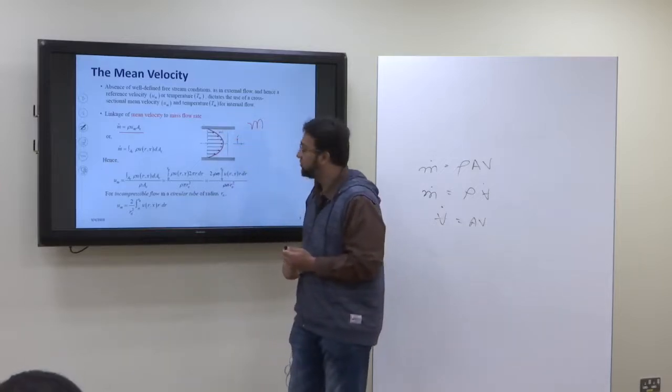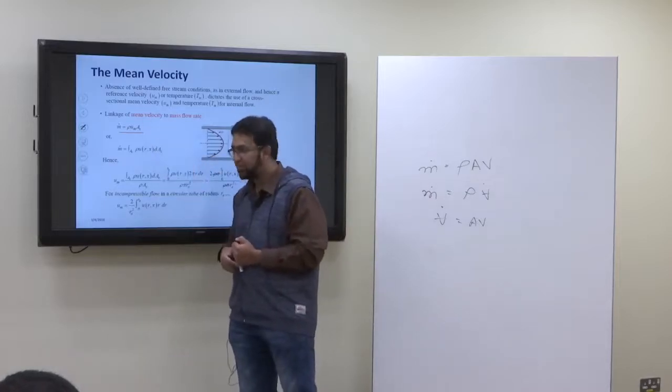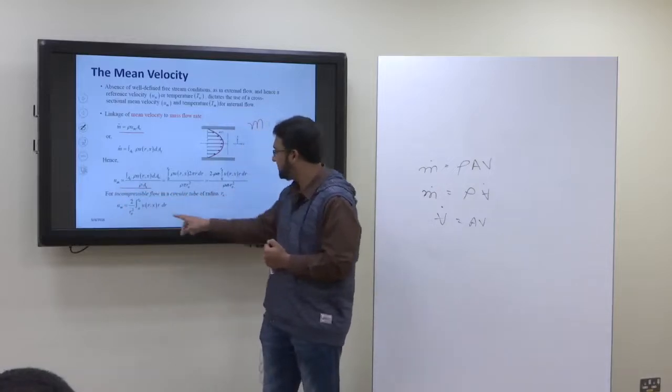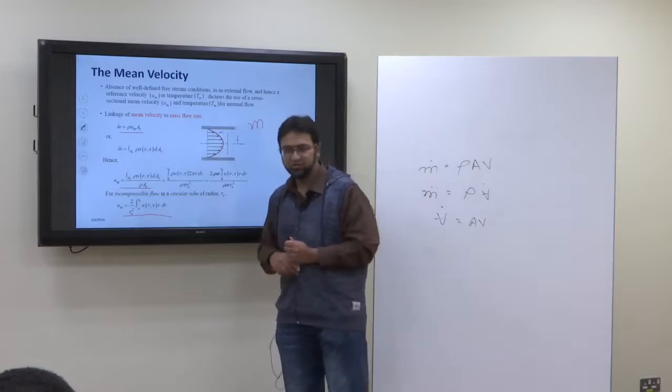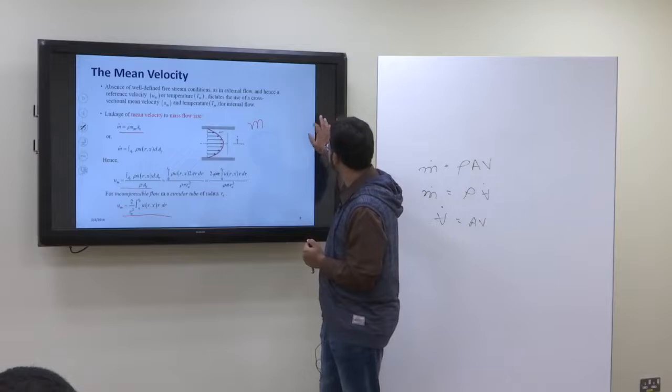So we can put it in the differential form and then integrate it, and then we can find the mean velocity. The mean velocity will come out to be something like this. This is a simple integration. You can go through it yourself. There is nothing to spend more time on.